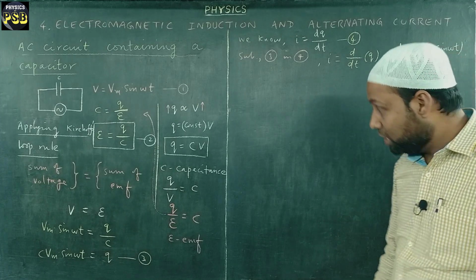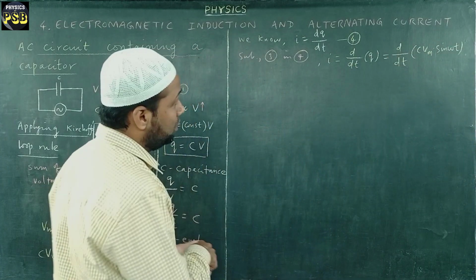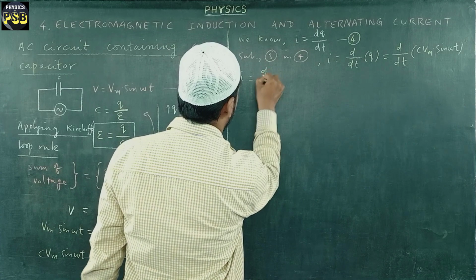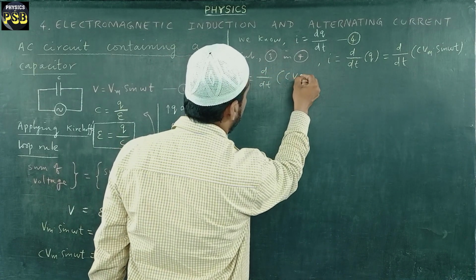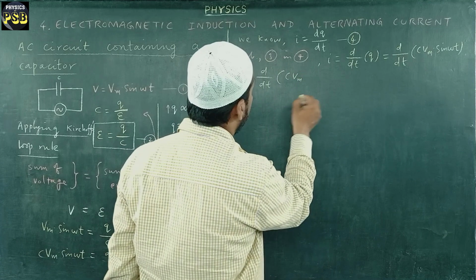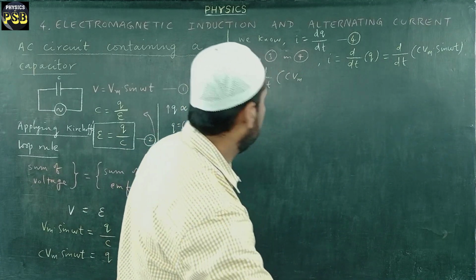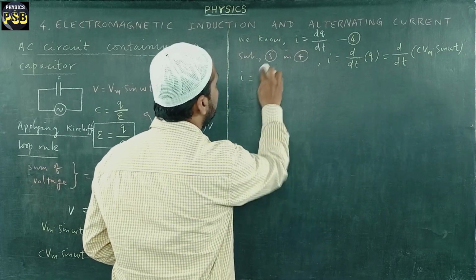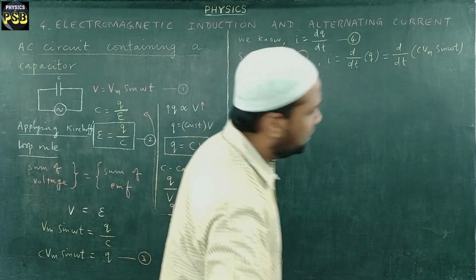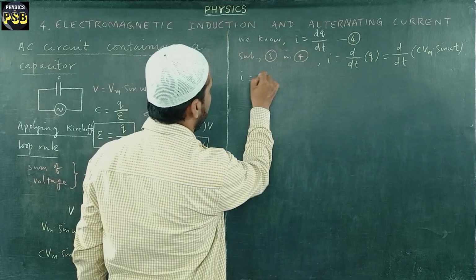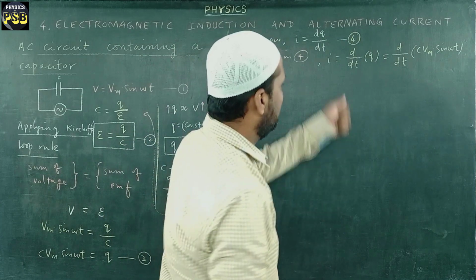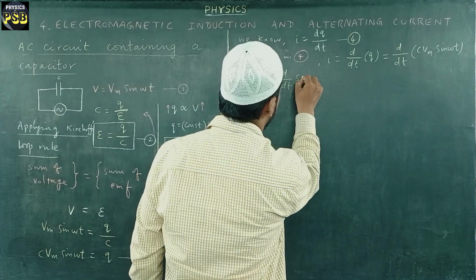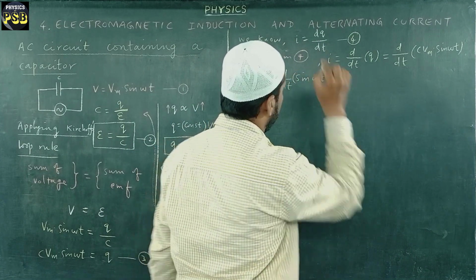Now the next step, I will differentiate that term, d by dt of CVm sin omega t. We know we cannot differentiate a constant, so the constant term CVm is taken out, and I will differentiate only the term sin omega t with respect to time.